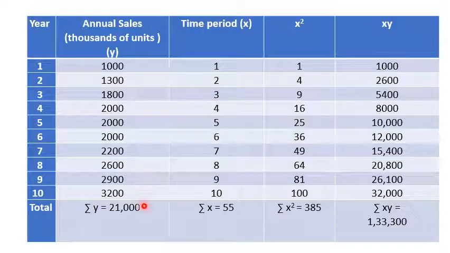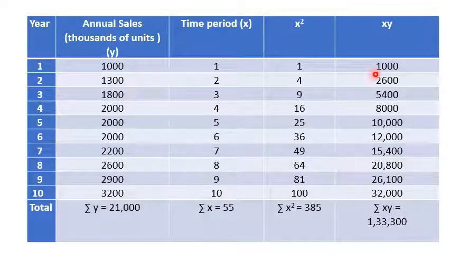First find sigma y, adding all these values. Sigma y is 21,000. The summation of all x values, sigma x, is 55. Then x square: 1 square, 2 square, and so on. The squares of these values are written here. Sigma x square is 385.